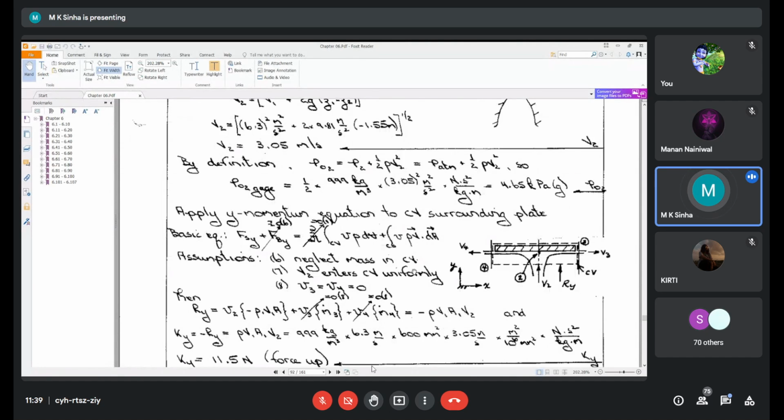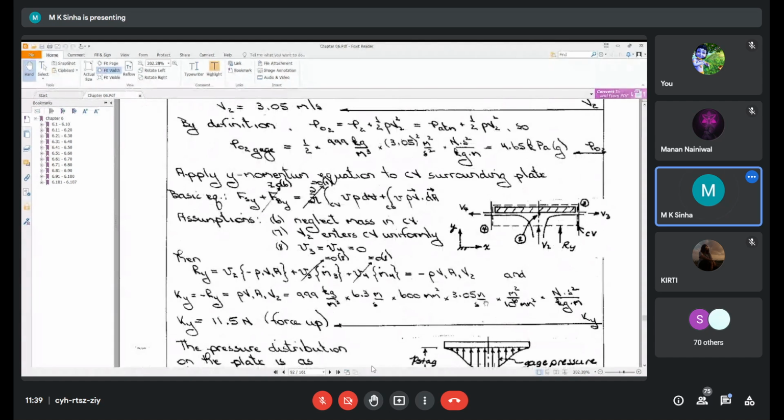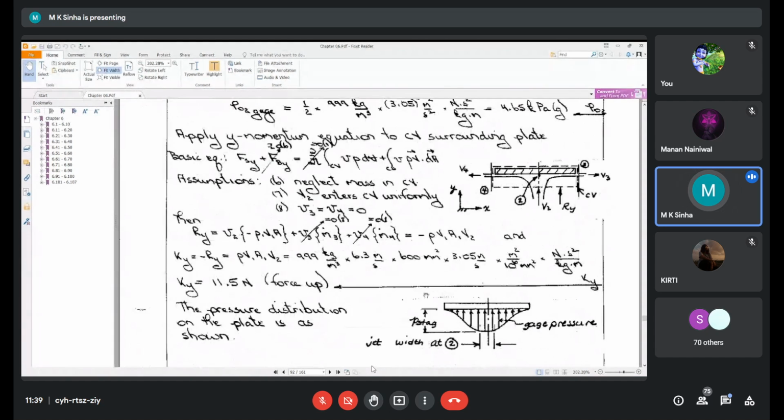Mass is written as rho V1 A1, into the velocity, and the reaction comes out to 11.5. And this is the distribution of the pressure, as written here.